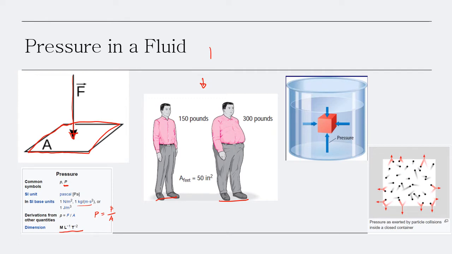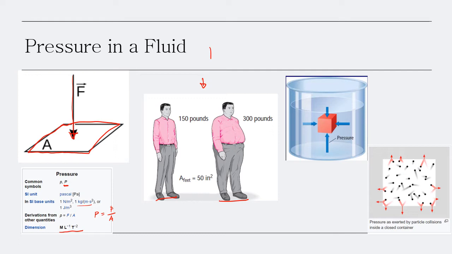Please recall that we use the term pressure when we deal with a gas or liquid, meaning we are dealing with fluids. In solids, the pressure is called normal stress.